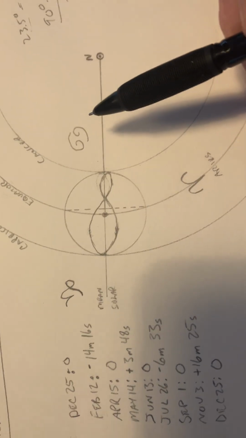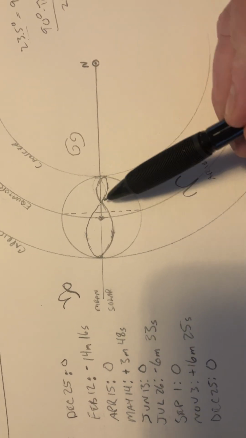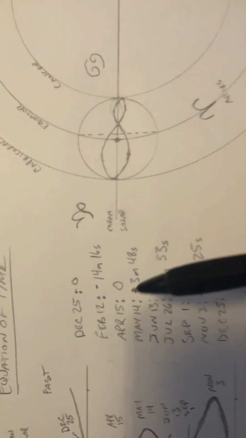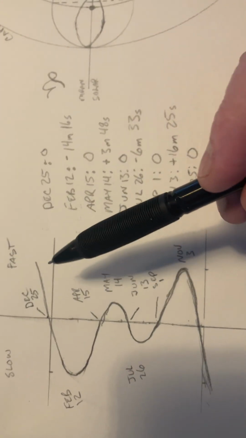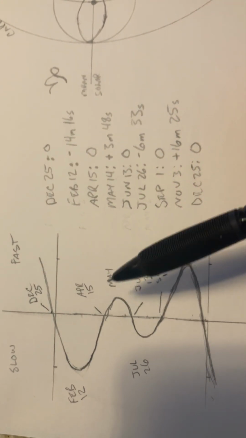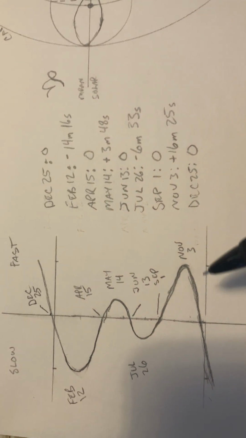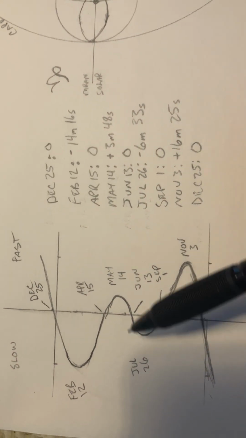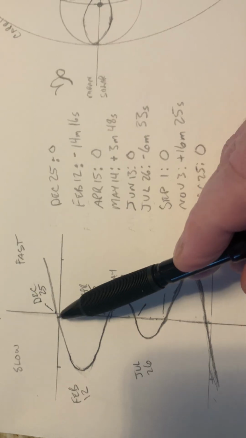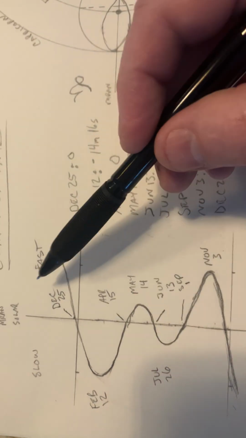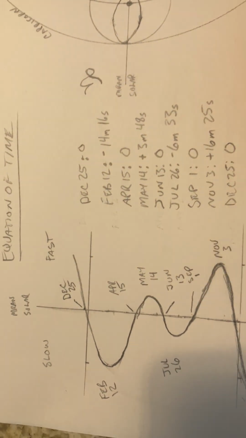Now, when we do our measurement of time off of this, you'll see how it coincides to over here. This is going to be our chart of the peak position of the sun by day, so our actual noon time frame, and this would be our mean solar noon.